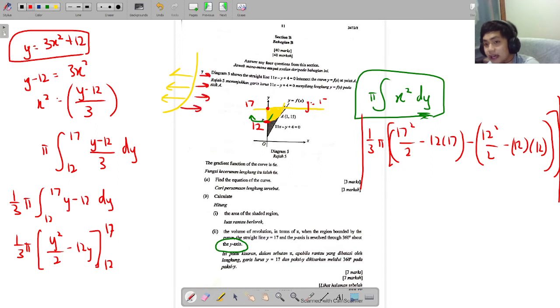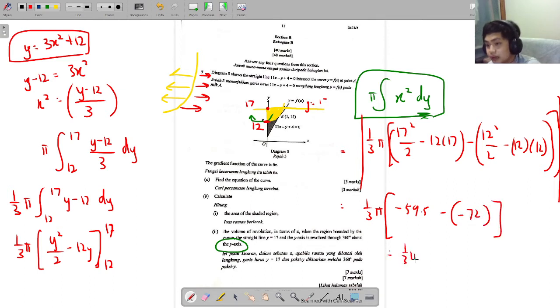So the area that we get is going to be negative. In order to change it to positive, we have to apply the modulus. Long story short, area should never be negative, so we take it as a positive area, unless the question wants it that way, which would be a very specific question. So 17 squared divided by 2 minus 12 times 17 is negative 59.5, minus 144 divided by 2 minus 144, which is negative 72.